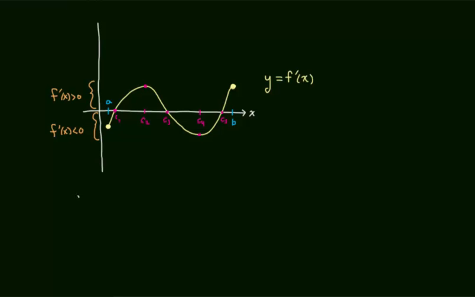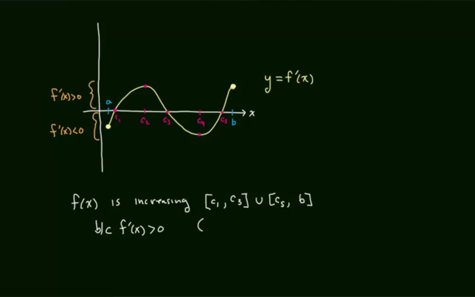Now the function we cannot see is f of x, but we can say that f of x is increasing on the interval C1 to C3 in union with C5 to B. Do you remember the reasoning? Because f prime of x is greater than 0 on a corresponding interval. So the important part here is that f will be increasing where the derivative is positive.